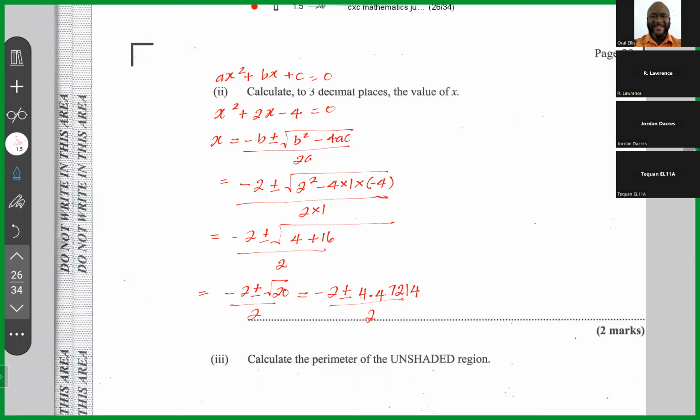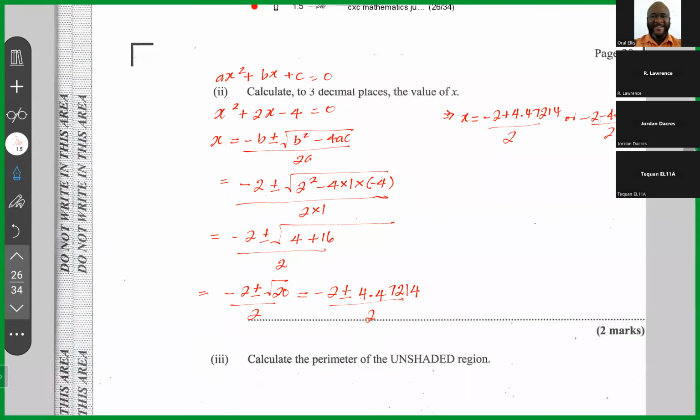So therefore, x, remember when you solve a quadratic equation, you must get 2 answers, is equal to minus 2 plus 4.47214 over 2, or x is equal to minus 2 minus 4.47214 over 2.